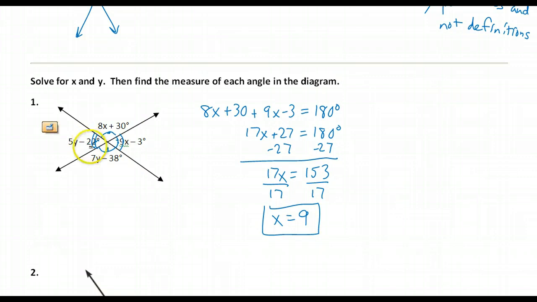Now I need to solve for y. The two angles that involve y are these two angles, and these two angles form a linear pair, so they are supplementary. So that's my other equation. 5y minus 22 plus 7y minus 38 is going to equal 180 degrees. Combine my like terms.